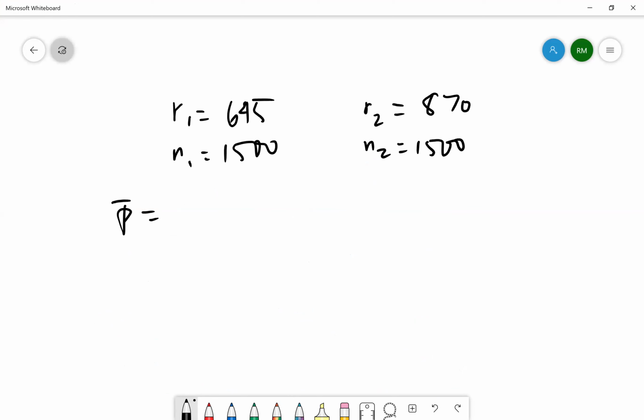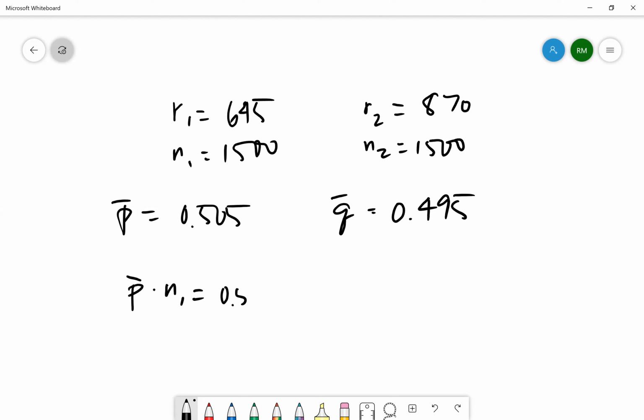P bar was 0.505, and Q bar was 0.495. So let's calculate P bar times N1. That's 0.505 times 1500. And that's roughly equal to, let's find out here, about 757.